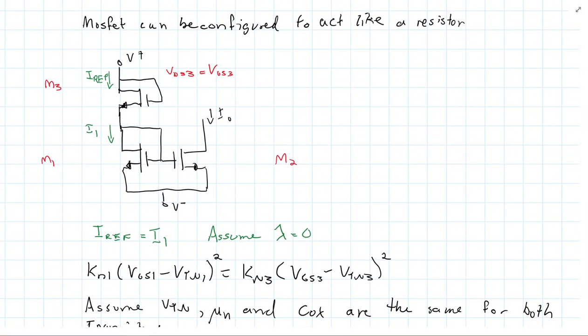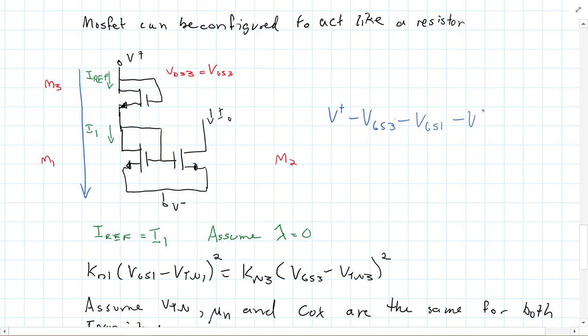Now we're going to do a simple KVL loop here, and I'll write it down at the bottom in a second. If we do that, what we can see here is that V plus, minus VGS1, I'm sorry, VGS3 is what we'll do. So we'll go in order: minus VGS1 minus V minus has to equal 0.